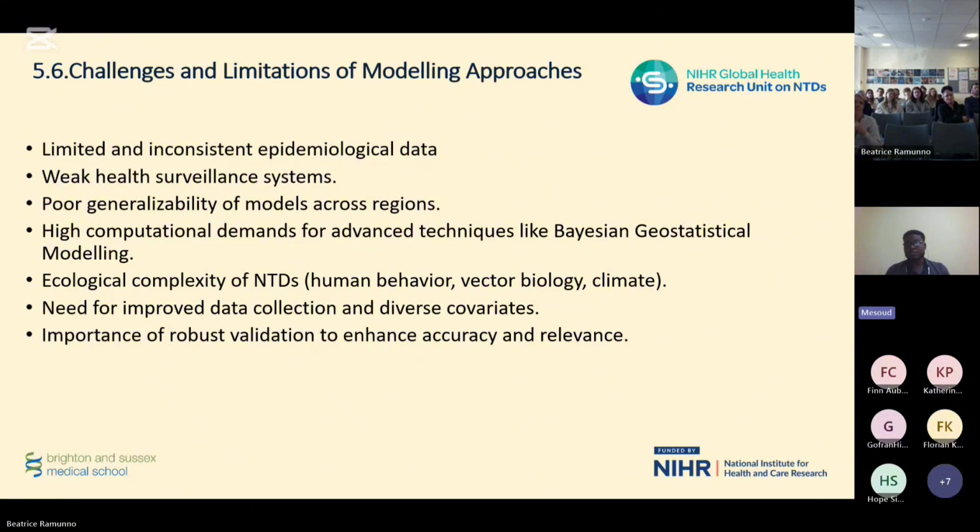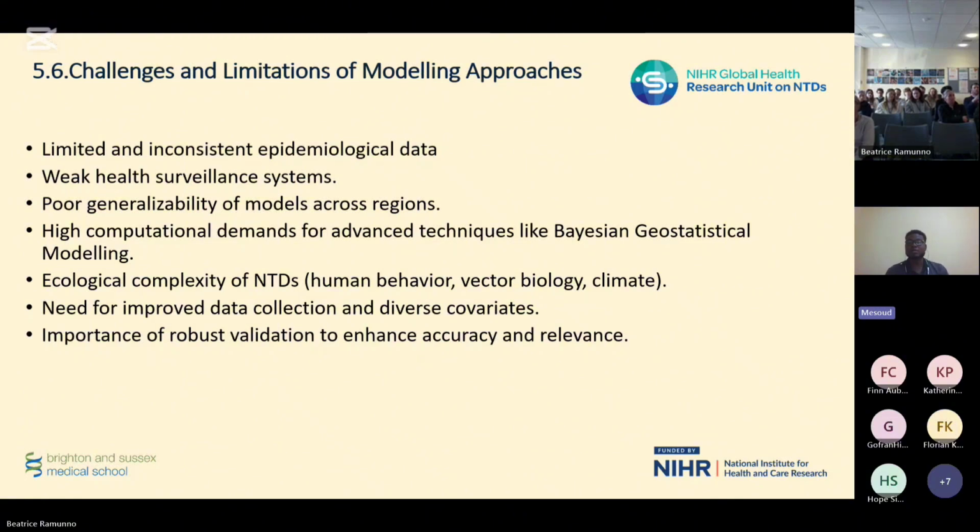There are limitations in epidemiological data, weaknesses in surveillance systems, and poor generalization of models across regions, which is understandable because each region has specific characteristics. There is also a high computational demand for efficient techniques like Bayesian geostatistical models.